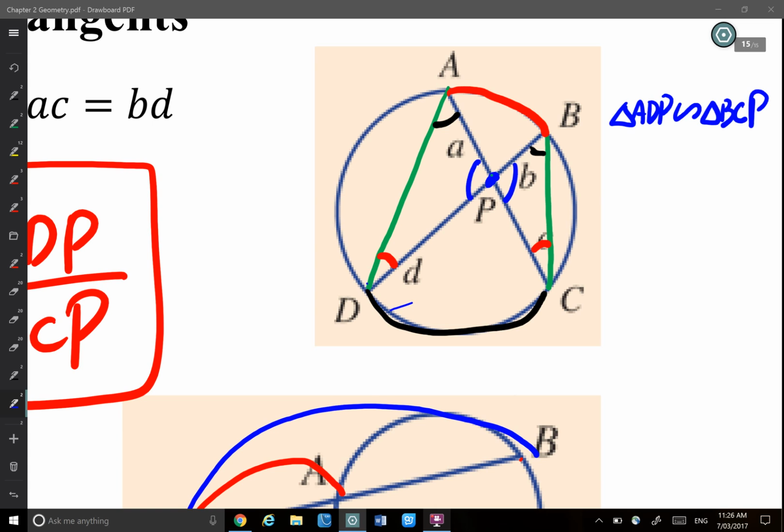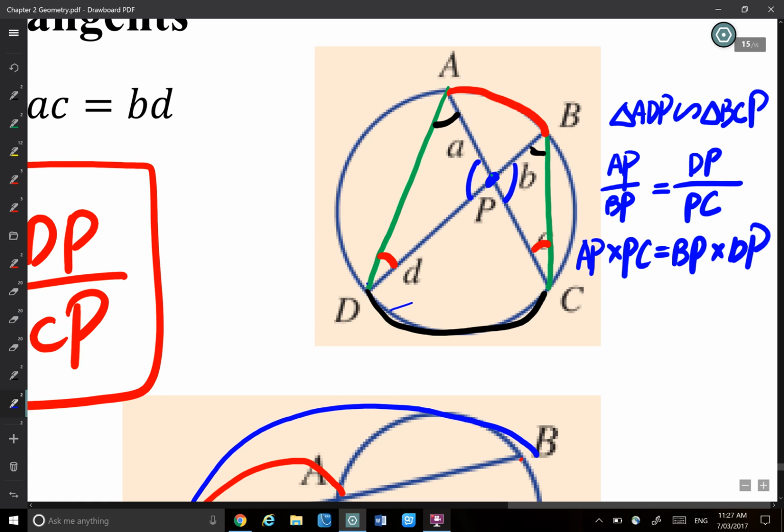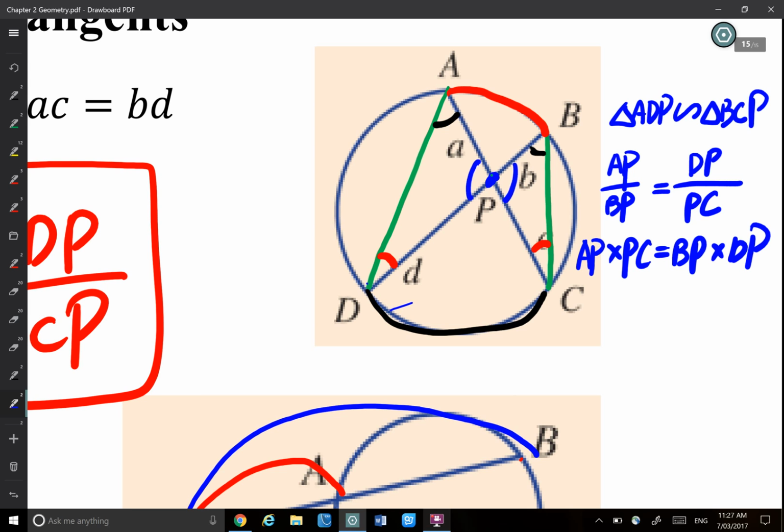And then when you talk about the ratios, let's say AP, opposite to the right angle, over BP, that must give you the black one DP and the black one opposite to PC. And if you cross multiply them, you will have AP times PC equals to BP times DP. And I have proved that. It's because of similar triangles.